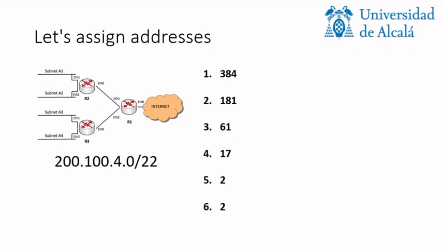More specifically, if we have n zeros, we will have a group of 2 to the power of n available addresses. If we start with the biggest subnet, we need at least 384 addresses, because we needed 383 plus the one of the router interface. This is covered by 2 to the power of 9, that is 512, which is translated into the mask /23, which has 9 zeros.